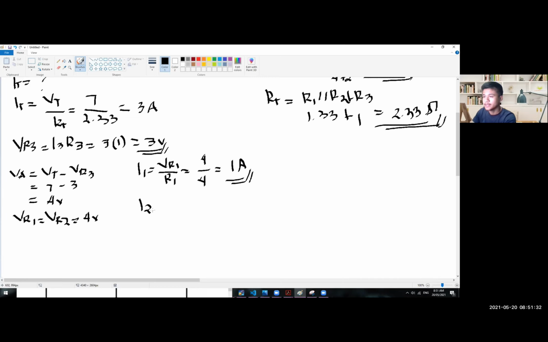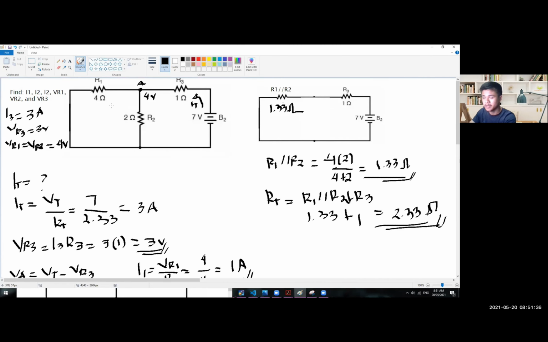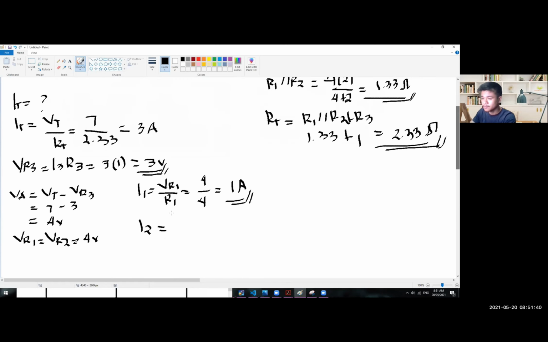And then for the I2, okay, since we already have the value of I3 and I1, we can now solve for the value of I2 using KCL. But just to be consistent, we're going to apply the formula of Ohm's law. So I2 is equal to VR2 divided by R2.